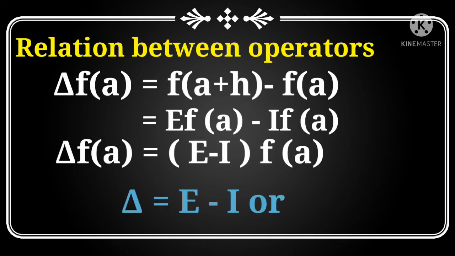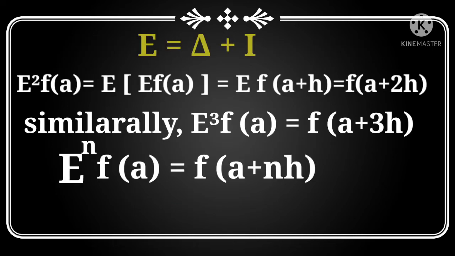Relation between operators: delta f of a is equal to f of a plus h minus f of a, which is equal to capital E f of a minus I f of a. So delta f of a is equal to (E minus I) f of a. Delta is equal to E minus I, or E is equal to delta plus I.